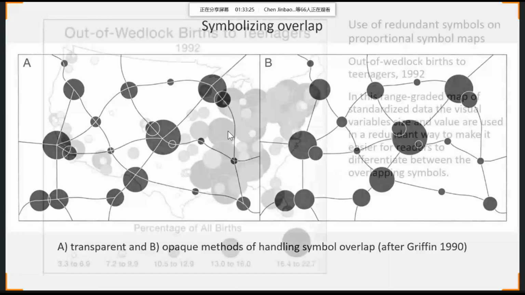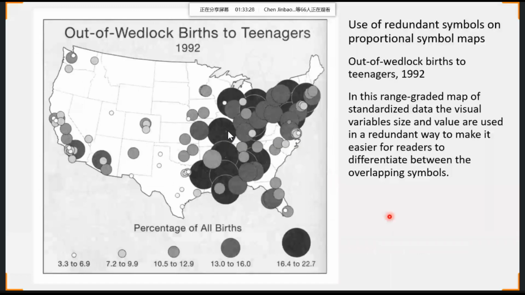So here now we have the use of redundant symbols on proportional symbol maps. Redundant means you have not only the size, the area of the circles, but you have also the color value. We have again the data on out of wedlock births to teenagers from 1992. It's a standardized map, so we have percentages.